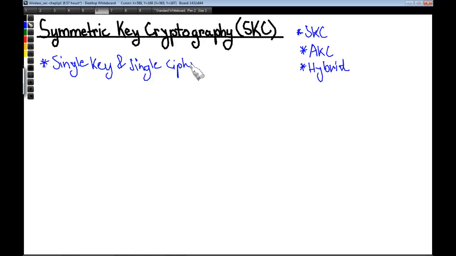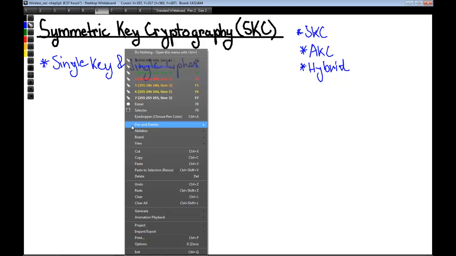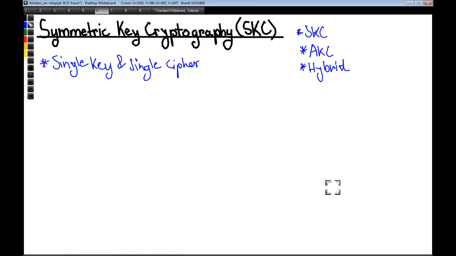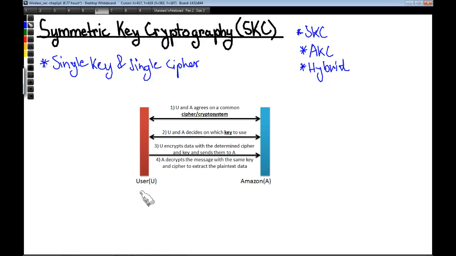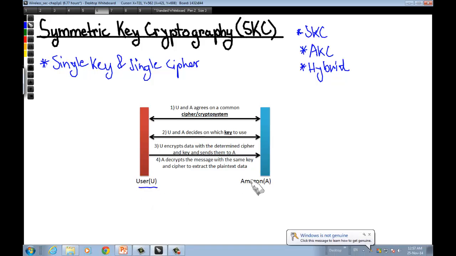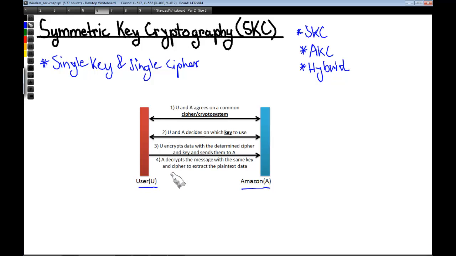This can be understood through an example. In this example, the user U and Amazon, the company A, interact with each other using symmetric key cryptography to encrypt and decrypt the data. Let's see how this process works.